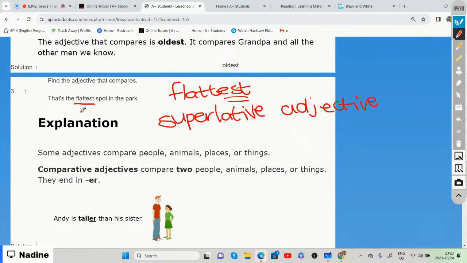We basically compared that spot in the park to the whole park. This specific spot we compared to all the other spots in the park, because this is the flattest spot in the park. And that is a superlative adjective and it also ends in est.